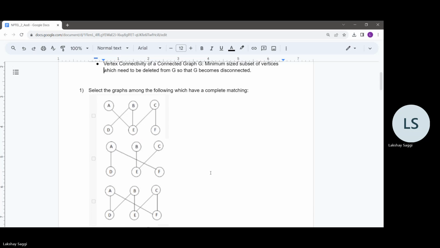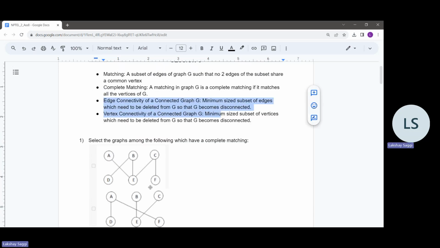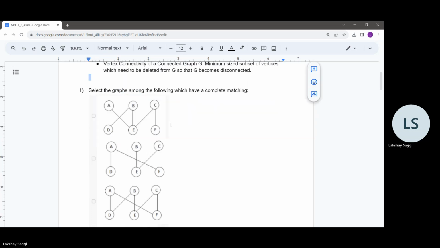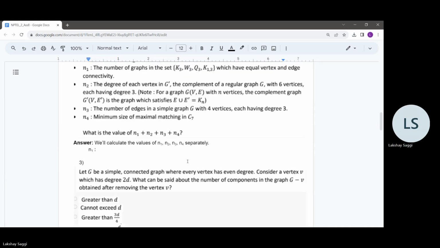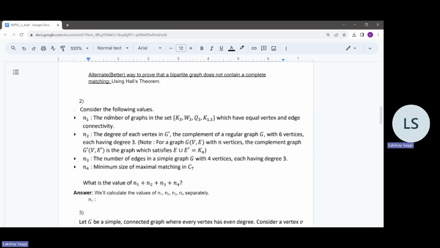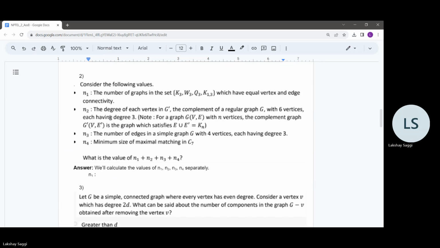So if these definitions are clear, then we can proceed to calculating the values of n1, n2, n3, and n4. So n1 is the number of graphs out of the set K3, W3, Q3, and K13. We are given these four graphs, and out of these four, we have to find the number of graphs which have equal vertex and edge connectivity.